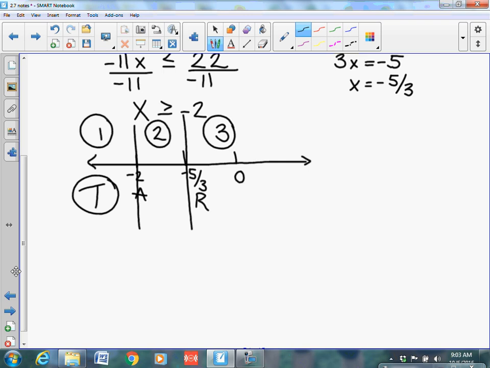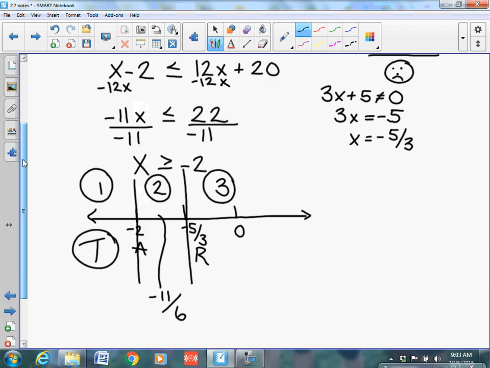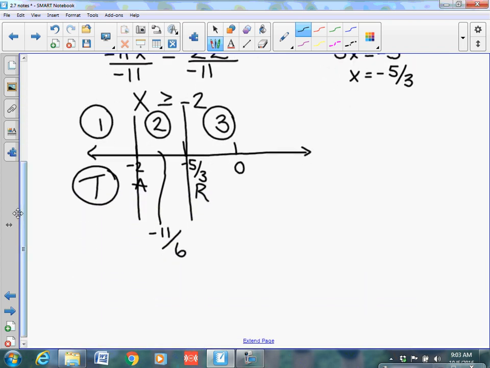Another number between a negative 2 and a negative 5/3. There's not a lot of numbers in between there because that's almost a negative 6/3, which is a negative 2. We tried a negative 11 over 6 last year, which is not a nice number. I'm going to run out of time, so I want to finish this. When you plug a negative 11/6 up there, it's not going to work. This is false.